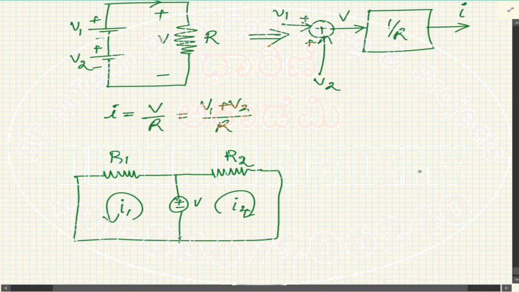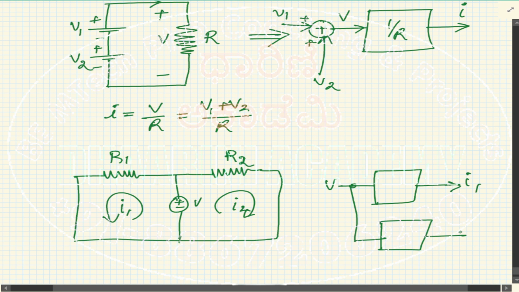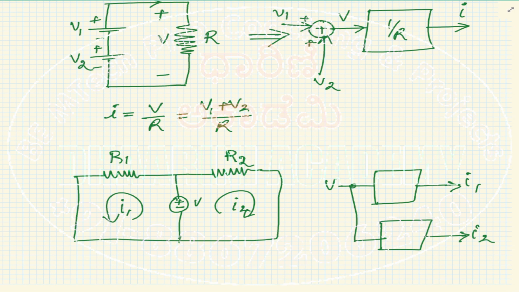Now you see, we have input voltage. What I'm looking at here is V as input and two outputs. So this has to be in the following fashion. I cannot write in any other way, because I have two outputs. I1 is one output, I2 is the other output.